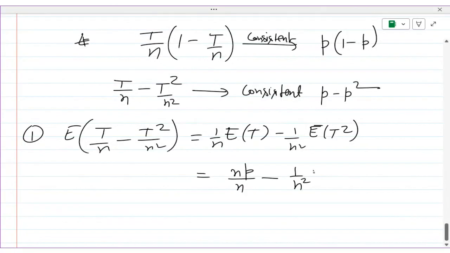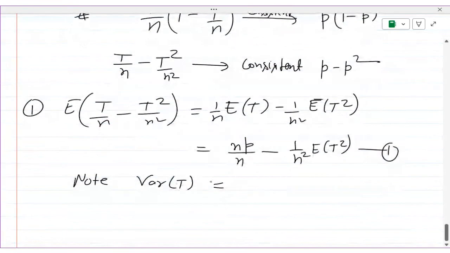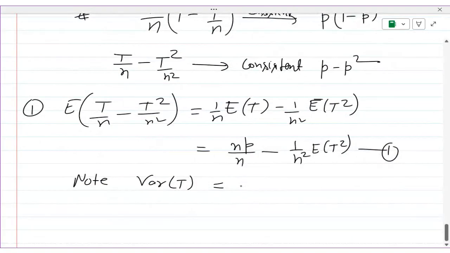What is the expected value of T square? For that we need to note, let us call this 1, the variance of T. What is the variance of T? You know that T is a binomial random variable now, and what is the variance of a binomial random variable?